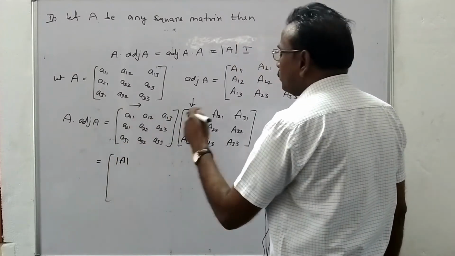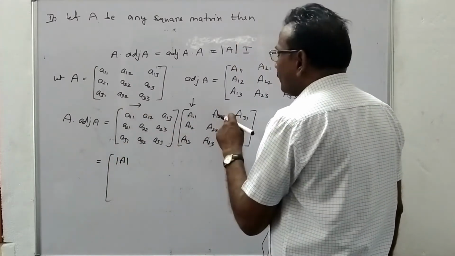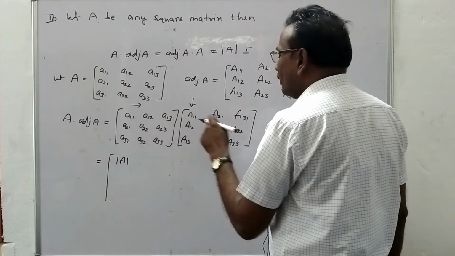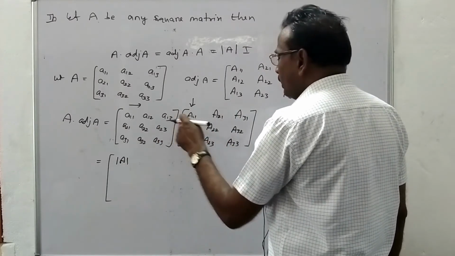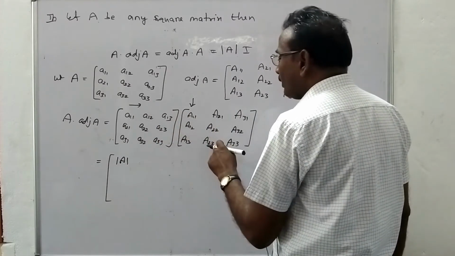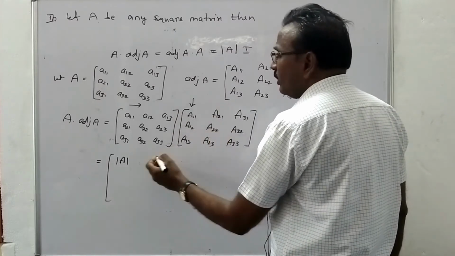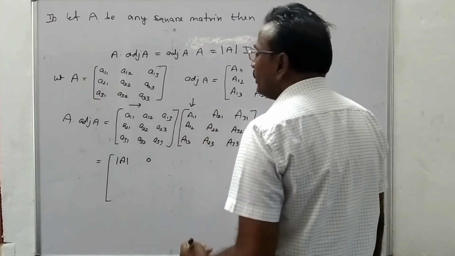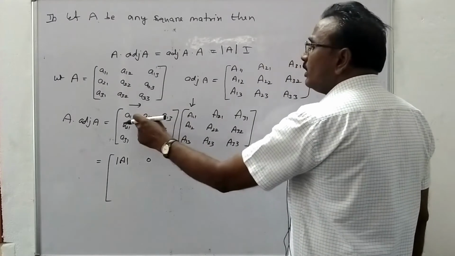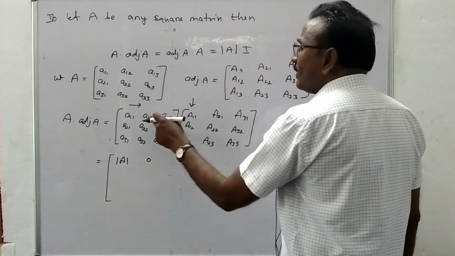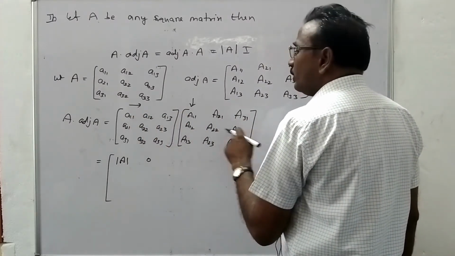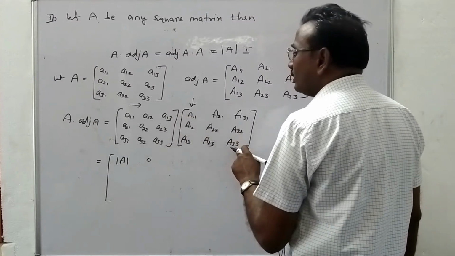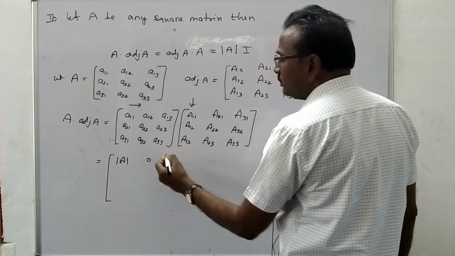Next, first row with second column: A11 capital A21 plus A12 capital A22 plus A13 into capital A23. Here suffixes are different, the value is 0. Next, first row with third column: A11 capital A31 plus A12 into capital A32 plus A13 into capital A33. Suffixes are different, the value is 0.